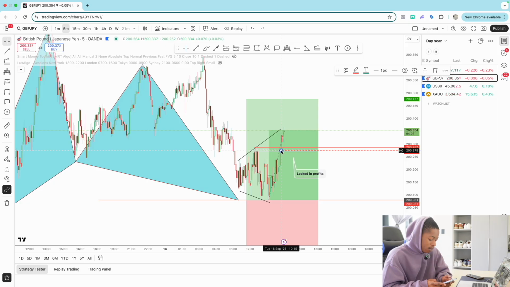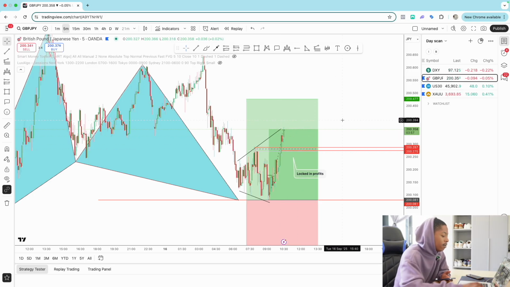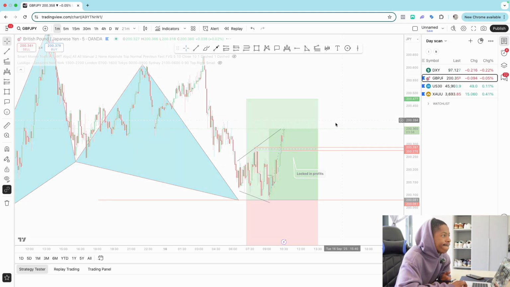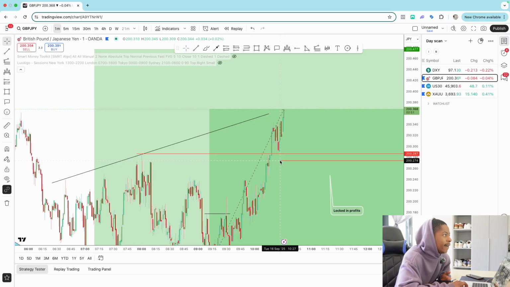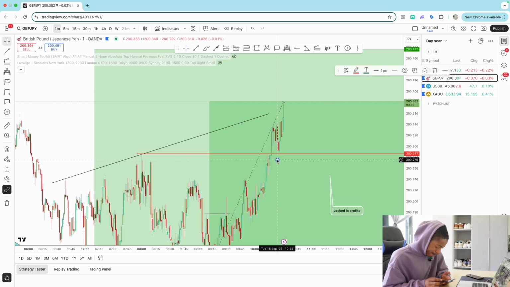Now it's about taking home as much as possible. So yeah, I'm just gonna put my stop loss just below here. Let me see. Right here, yeah. 200, 276. Perfect.